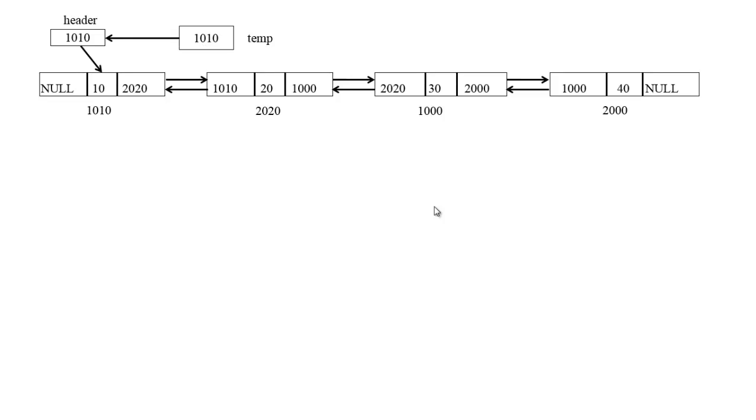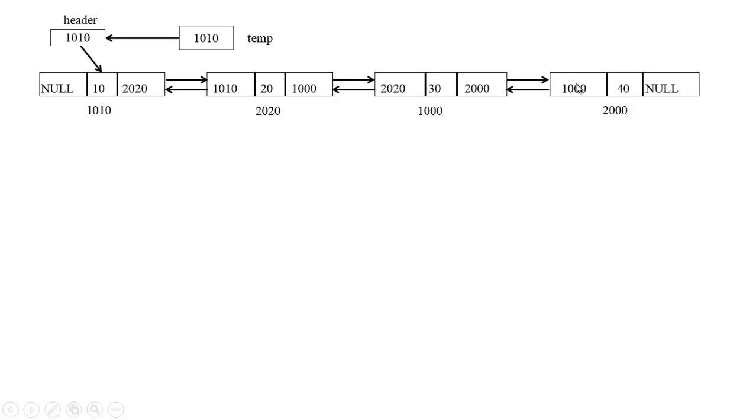This is an example. I have 4 nodes: node 1, node 2, node 3, node 4. Each node occupies a different address: 1010, 2020, the third node occupies 1000, and the fourth node occupies 2000. This is a unique address.